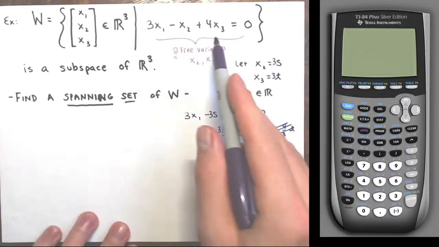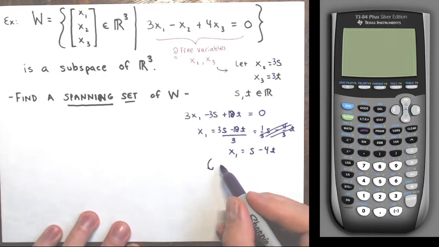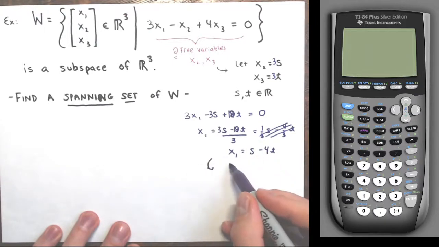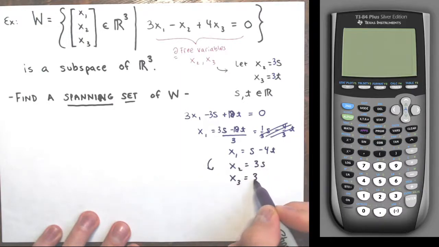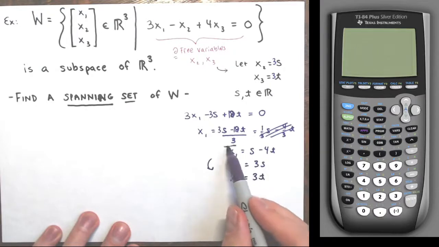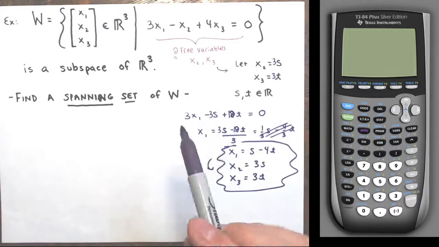So then the solutions of this equation are x1 equals s minus 4t, x2 equals 3s, x3 equals 3t, where this isn't the answer. I'm just saying these are the solutions to this equation.